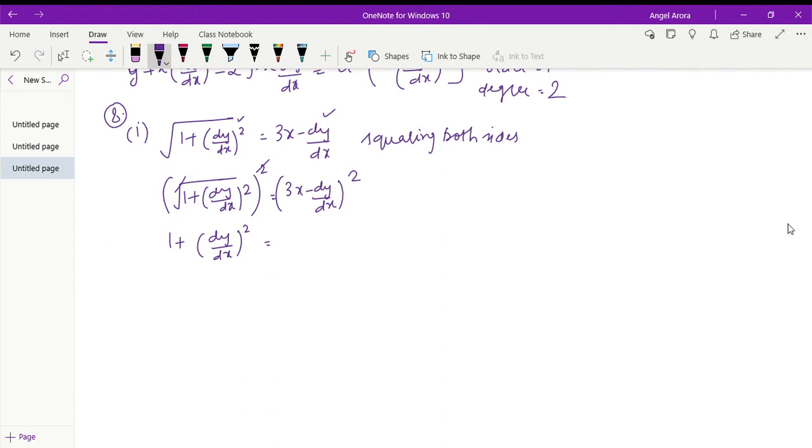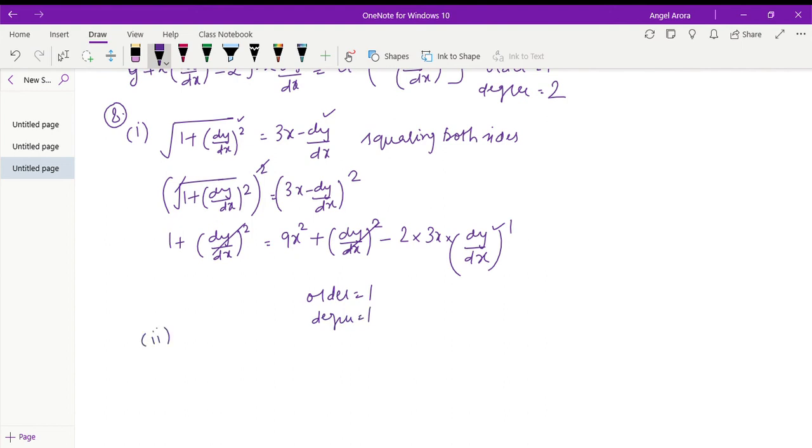So 3x will be a squared, meaning 3x squared, 9x squared, plus b squared, meaning dy upon dx whole squared, minus 2ab, so 2 into a into b. Okay. This and this will get cancelled. So now order is 1 because first order derivative is here, and degree power is also 1, so degree will be 1.